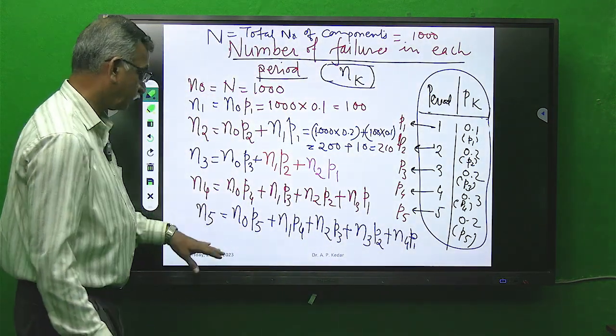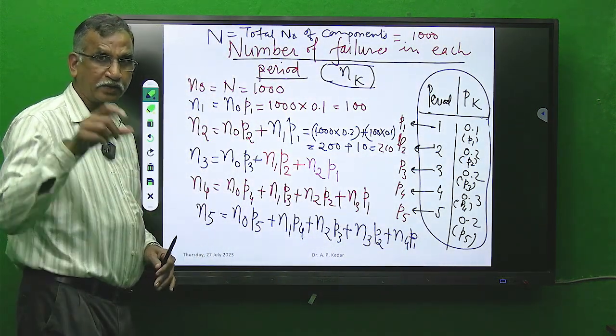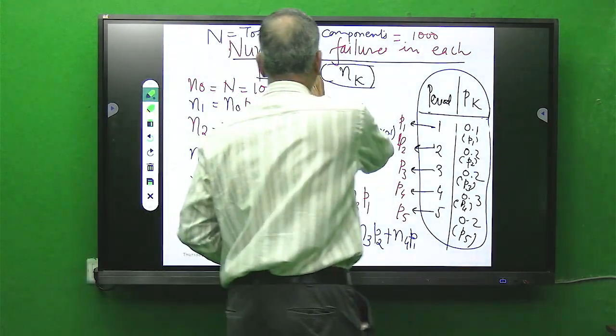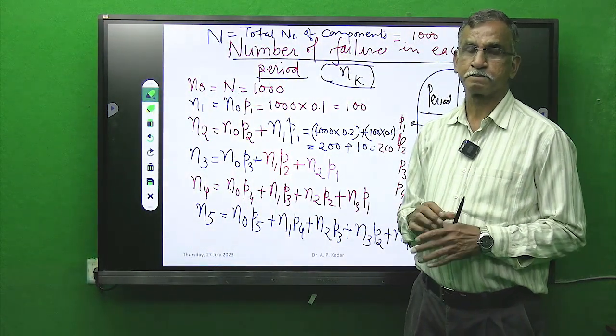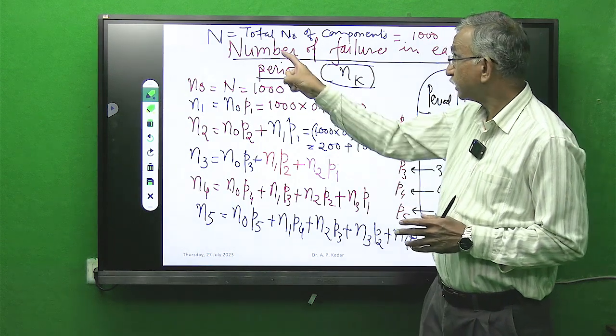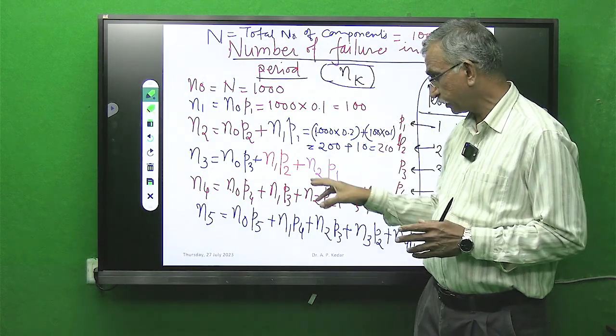So this calculation will give you the actual mathematical value of the number of failures in that particular period. Got it? Actual number of failures in that particular period.